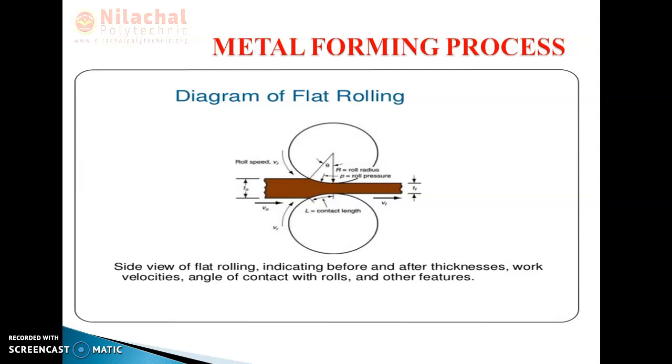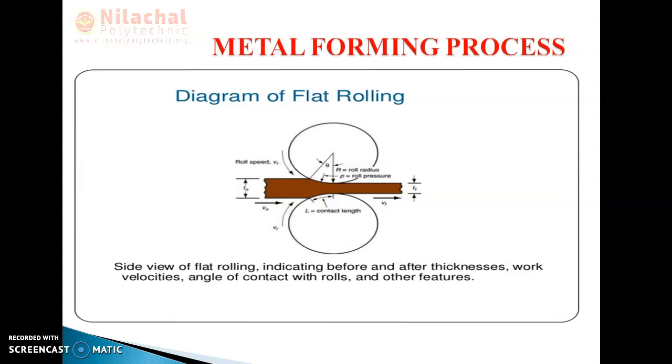The space between the rolls is adjusted to conform to the desired thickness of the rolled section, and it is always kept less than the thickness of the workpiece being fed. These are the two basic principles of rolling.